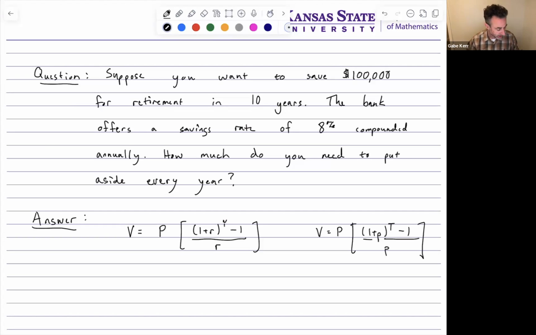And the basic idea is if you're going to make this decision, you should determine what scenario these formulas apply to. So I'm going to slightly modify.